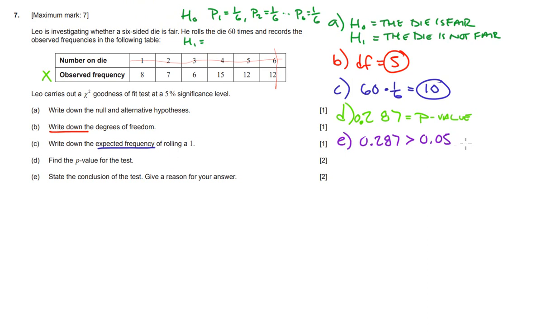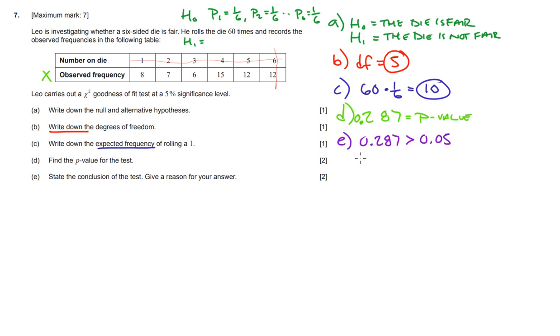Okay, so since this is true, we can either say that there's insufficient evidence to reject the null hypothesis, so we can only reject it if that's false, or we can write insufficient evidence to reject that the die is fair. We do have to write one of those two things down. This is not enough to give us all of our points. That would get us only one of these. Actually, it says out of 2. Yeah, this would only give us one of the 2 points.